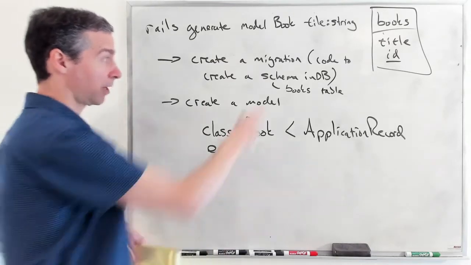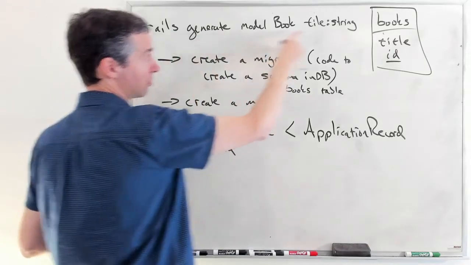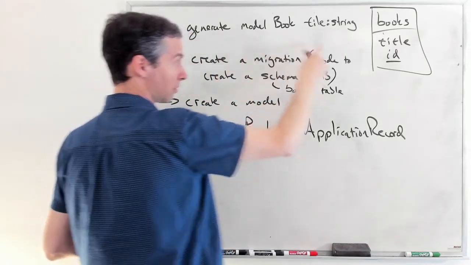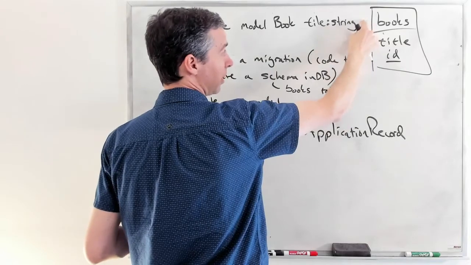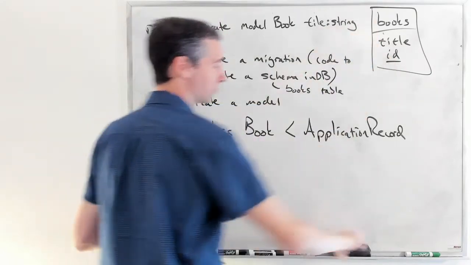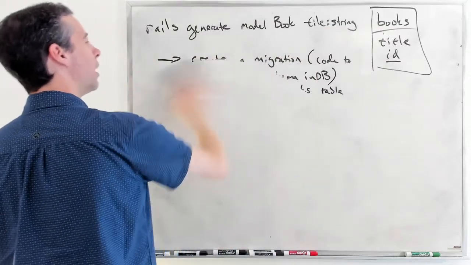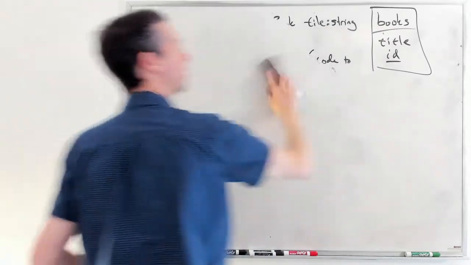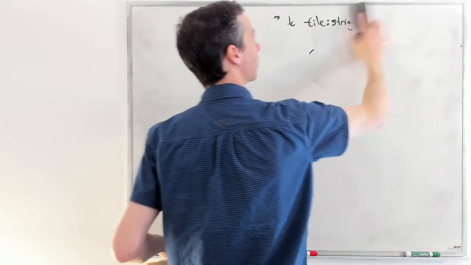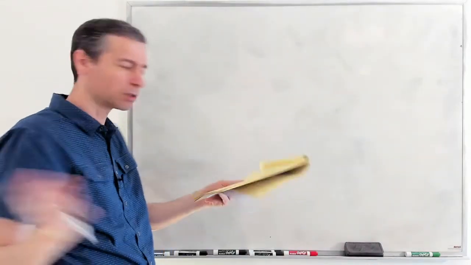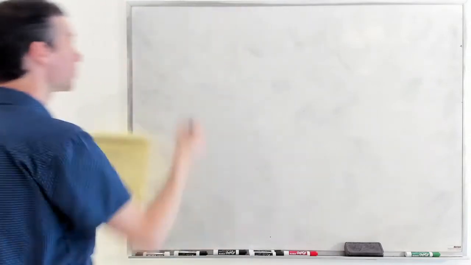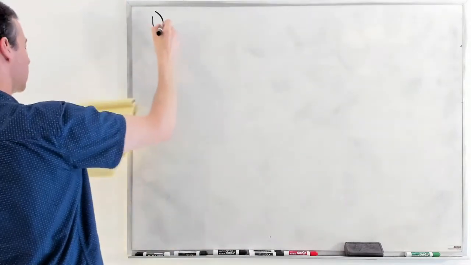And so, by the way, even though we didn't tell it about ID, it will generate ID. We don't bother to tell it about ID. It just says, oh, of course, you're going to want ID as an auto-incremented primary key for your entity, for your model. Who wouldn't? All right.